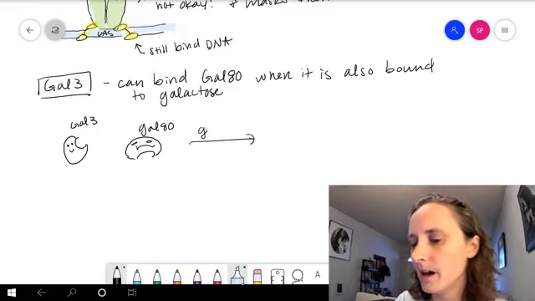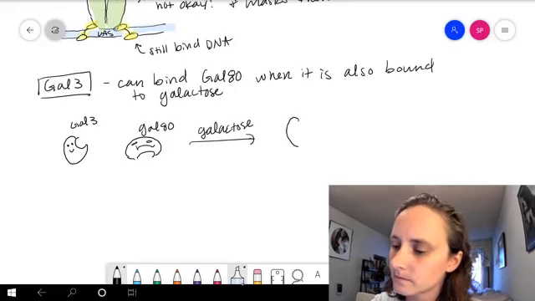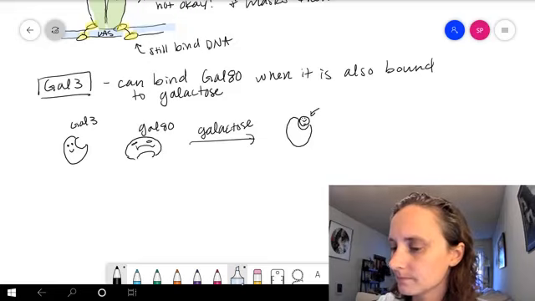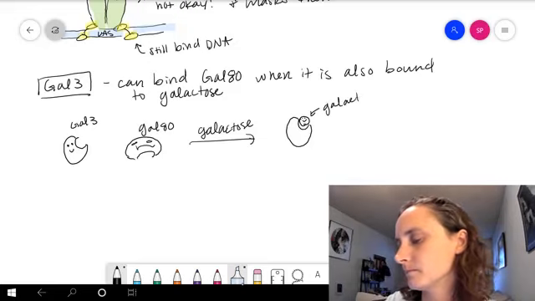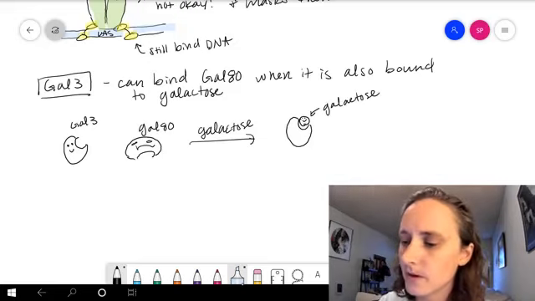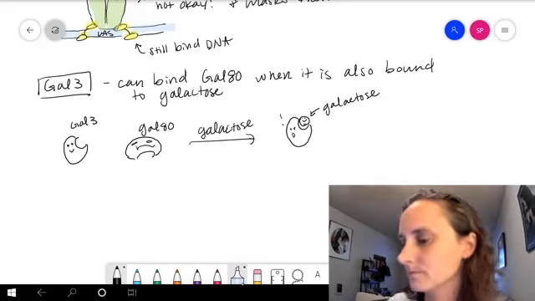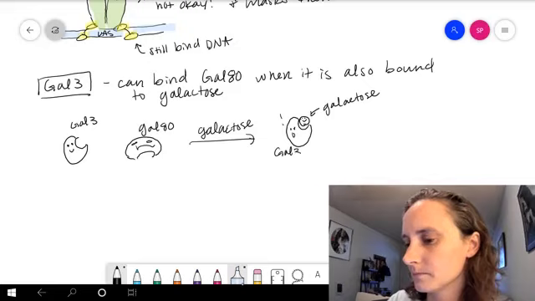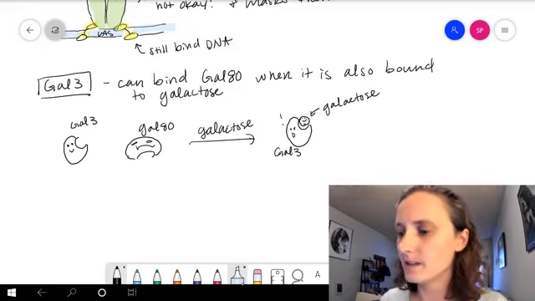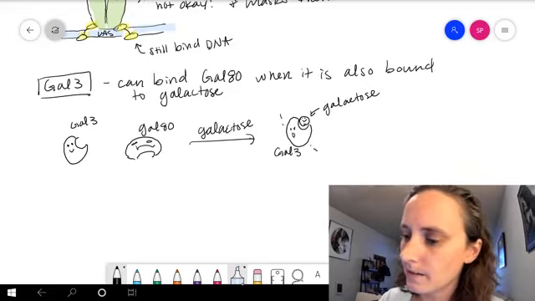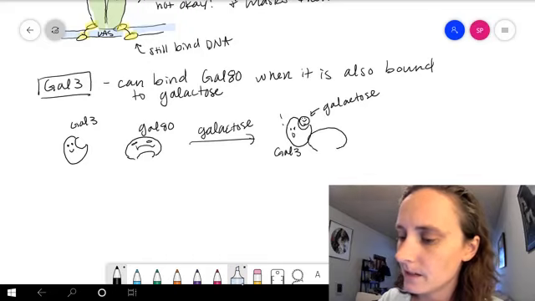And when you add galactose, Gal3 is able to bind it. And then it is able to bind Gal80 very tightly.